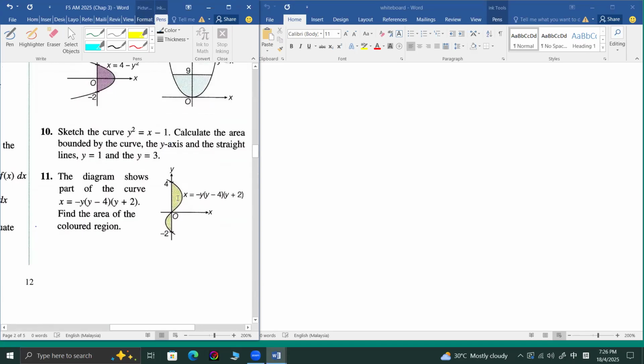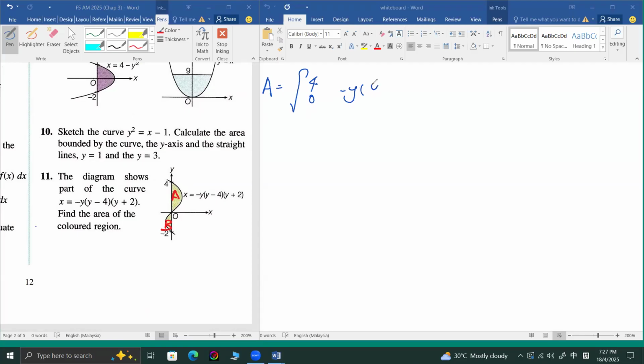Can you see? One to the right, one to the left. Now, same, what you need to do is make it A and B. That is already changed to x as subject. So to get A, the limit is 4, 0, negative y minus 4y, y plus 2 dy.